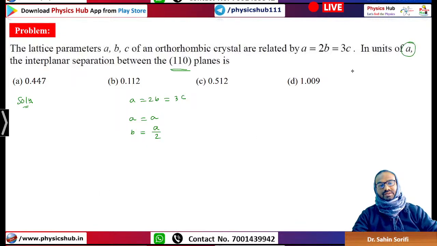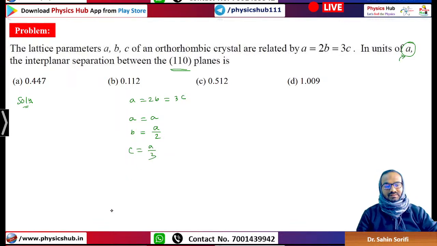In units of a, you have to find out, which means it should be expressed in terms of a. That is why we are expressing everything in terms of a. a equals 2b, so b equals a by 2. And a equals 3c, so c equals a by 3. These three we can write. The h k l values are given to you.